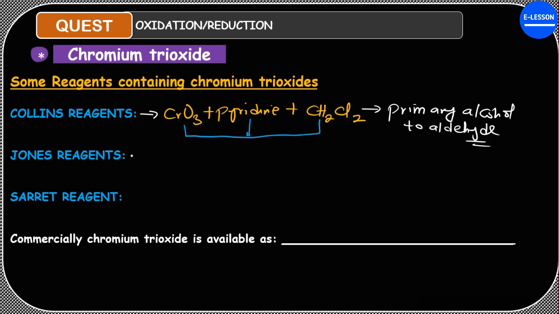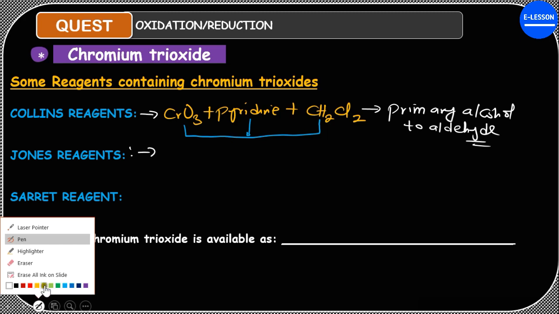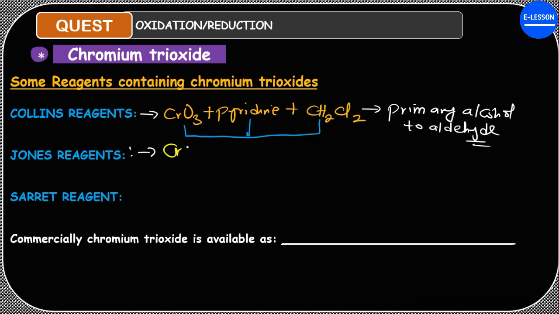The Jones reagent comprises chromium trioxide, as the name implies, plus aqueous sulfuric acid. That means sulfuric acid in water, right? Aqueous H2SO4 plus acetone.